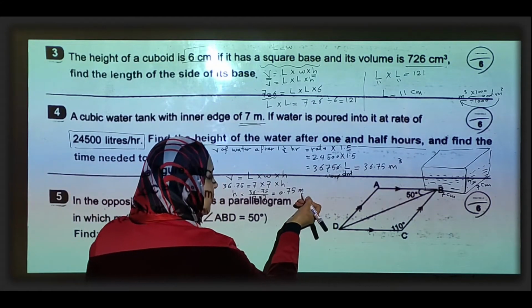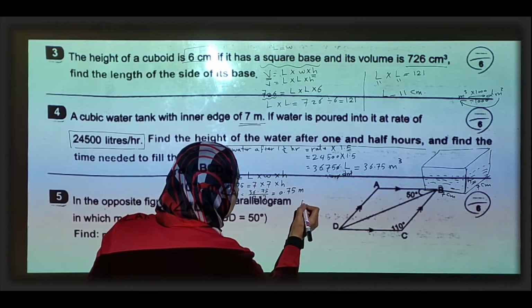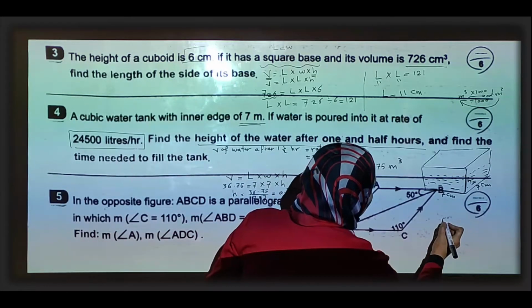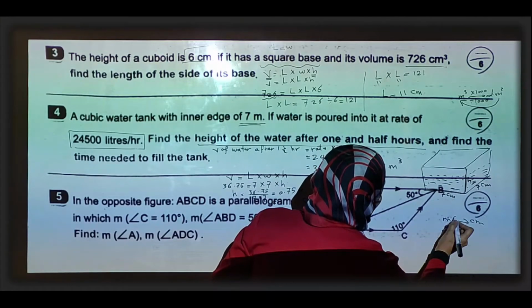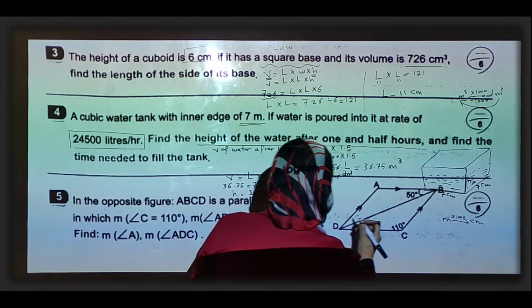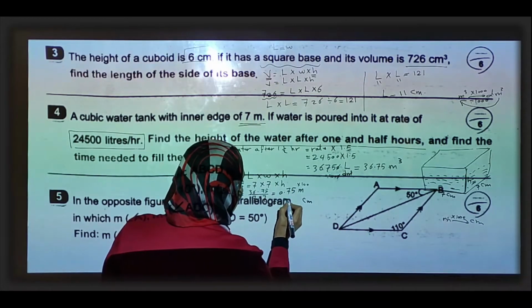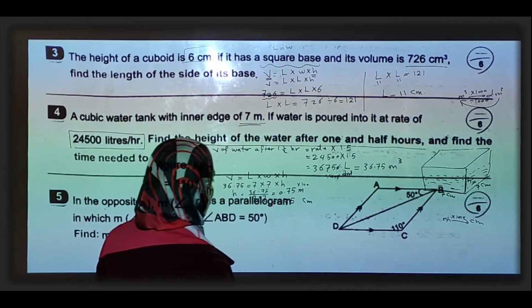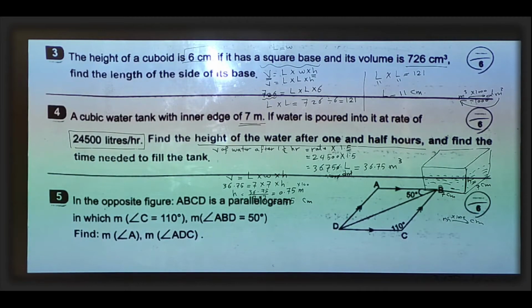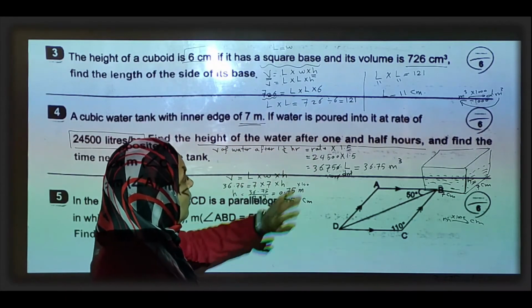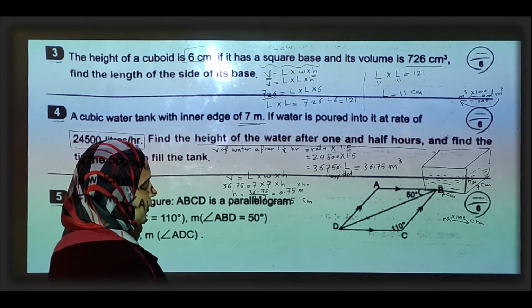We can convert meter to centimeter. From meter to centimeter, we multiply by 100, and we get 75 centimeters. It is the first required, the height of the water after 1.5 hours.